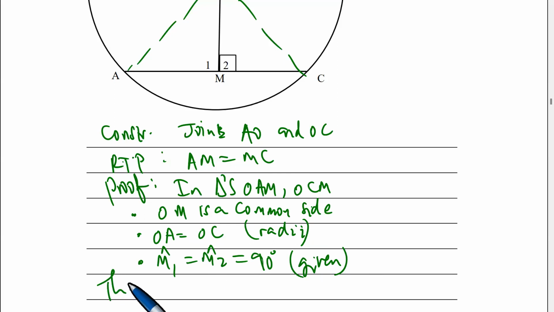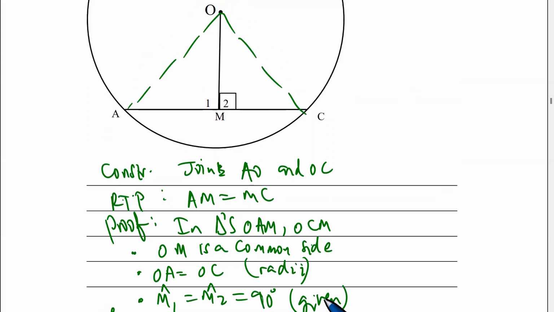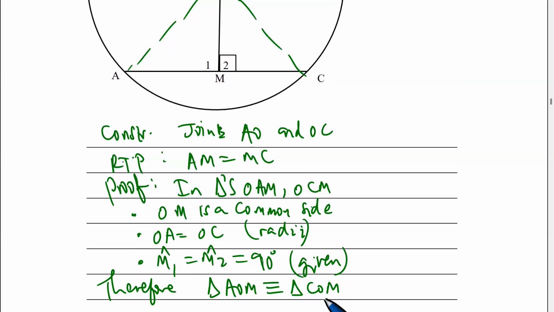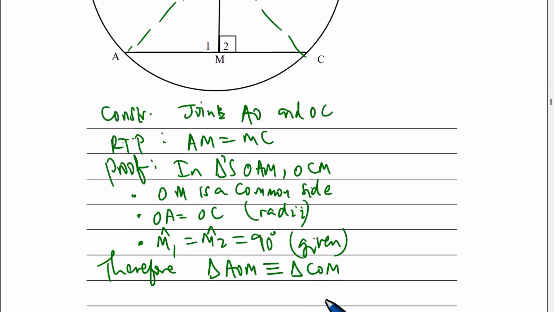And therefore, it follows that triangle AOM is congruent to triangle COM. Why is this the case?